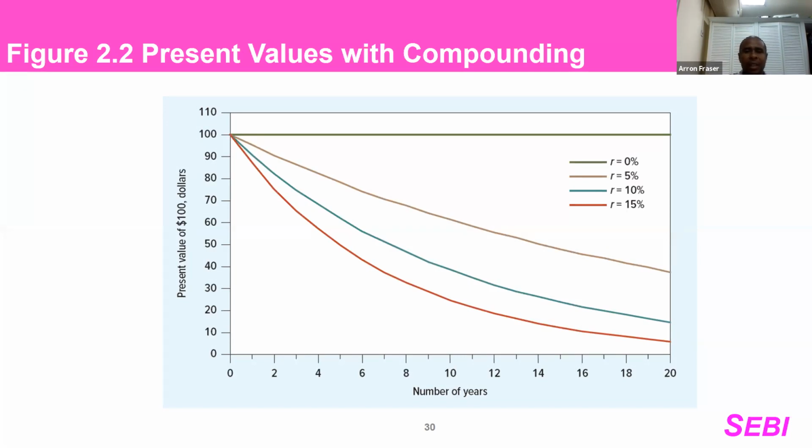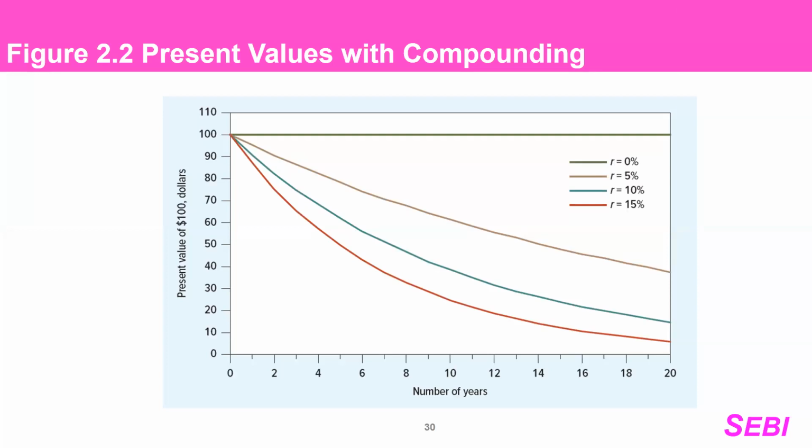If you have $100 at 0%, it's a flat line. $100 today, with a discount factor of 5%, is worth just about $40 in 20 years' time. With a discount factor of 10%, it's worth just about $16 or $17. And with a discount factor of 15%, it's worth somewhere about $6.